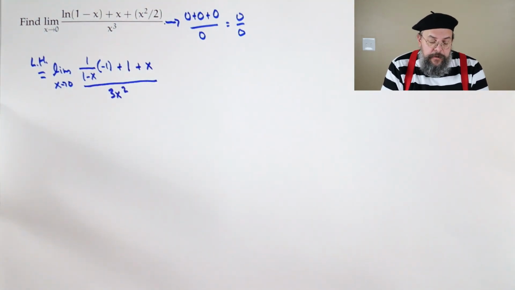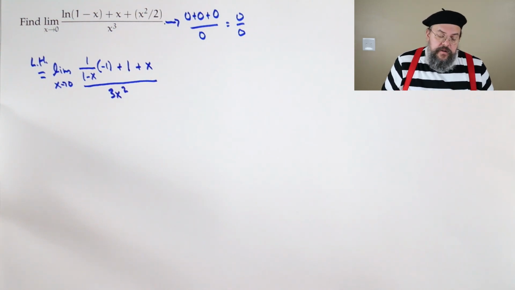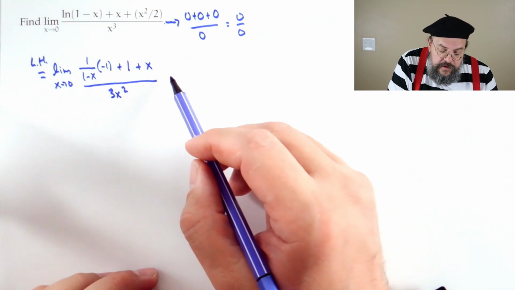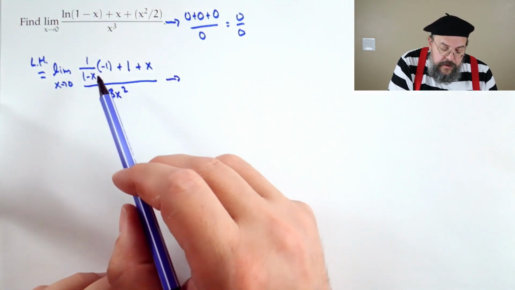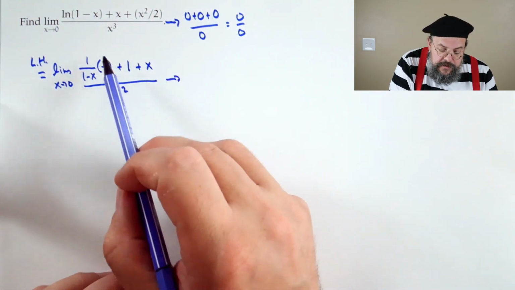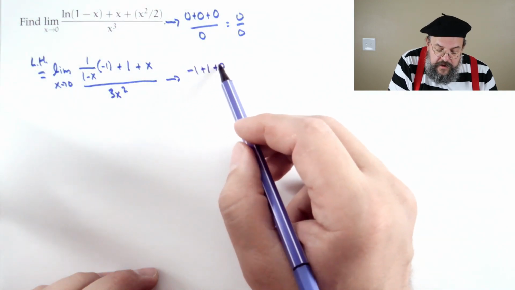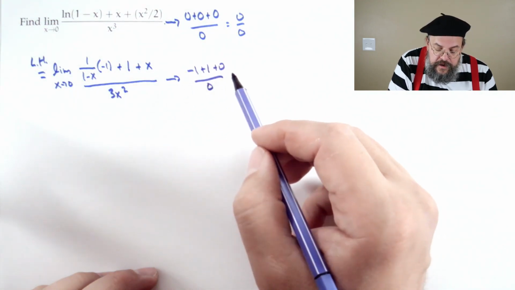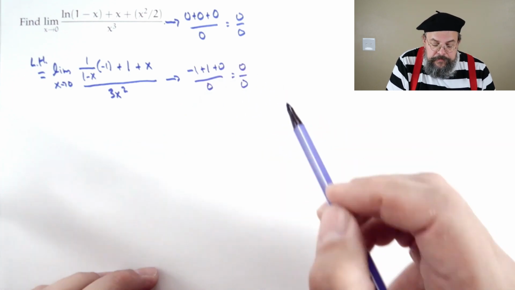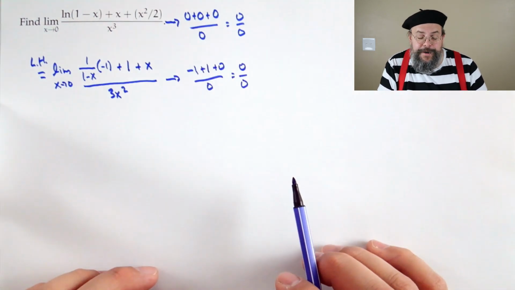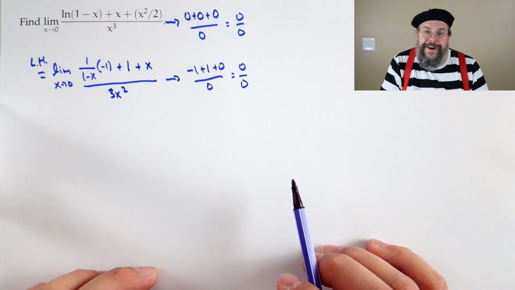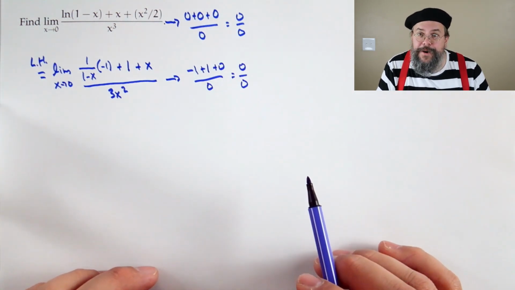All right, good. Now what? Here, this goes to minus 1 from the first piece, plus 1, and then plus 0, all over 0, which is 0 over 0. So what can we do? I think we know where we're going with this.